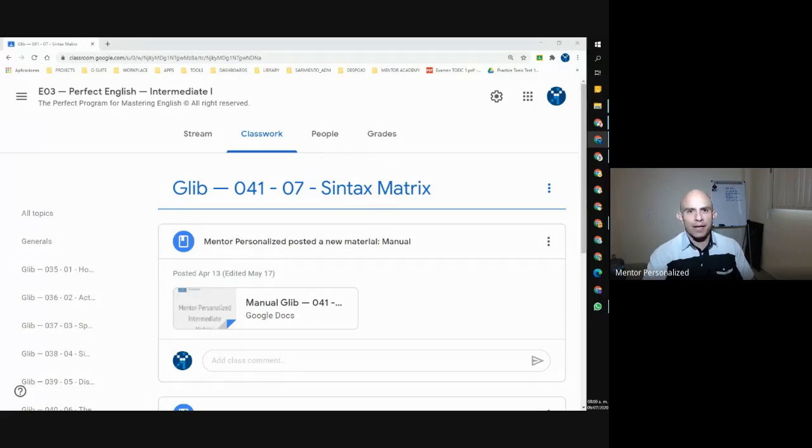Okay, well, here we are to start Glib number 7 in the first module of the intermediate course of English of Mentor Personalized, Glib number 41 in the Perfect program with the title Syntax Matrix. Repeat, Syntax Matrix.